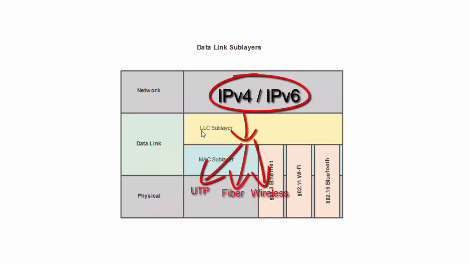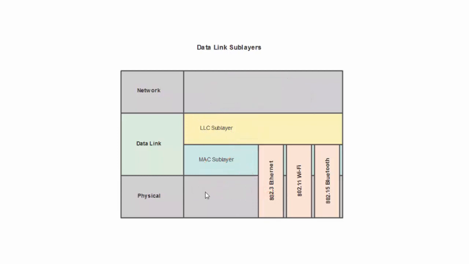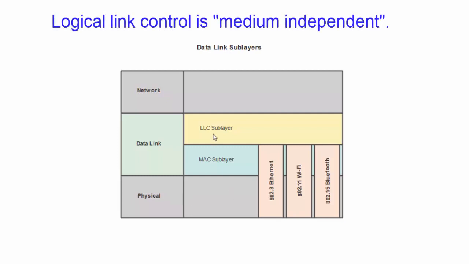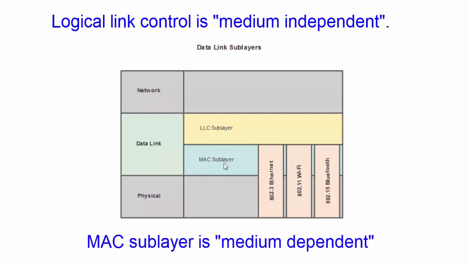In other words, the logical link control sublayer accepts the different protocols, whether it's IP version 4, IP version 6, and so on, from the network layer, frames that independently from the physical medium, and then gives this frame to the MAC layer, which, depending on the physical medium, will organize the access to the physical medium amongst the different users.